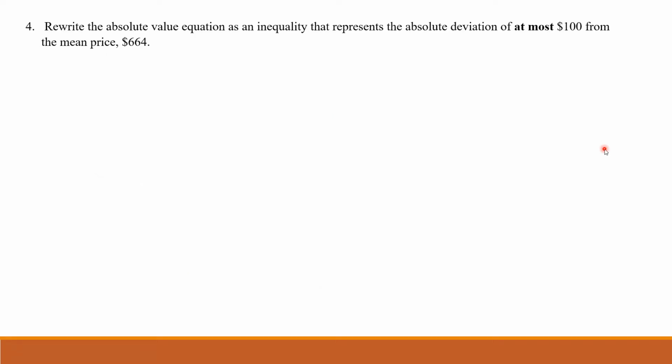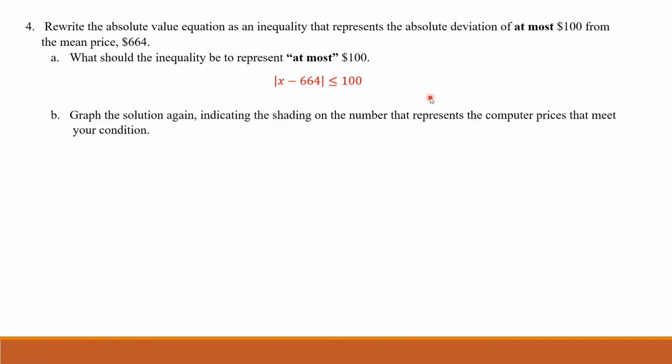Now we're going to rewrite the absolute value equation from the previous slide as an inequality to represent at most. If we think about what at most means, it can't be more than 100, so it's less than or equal to. Our absolute value of x minus 664 must be less than or equal to $100.